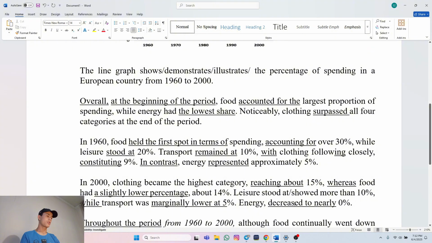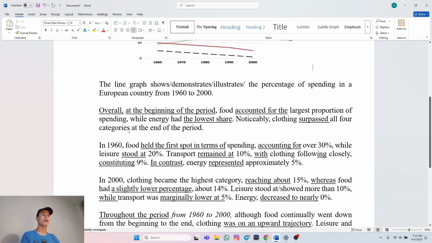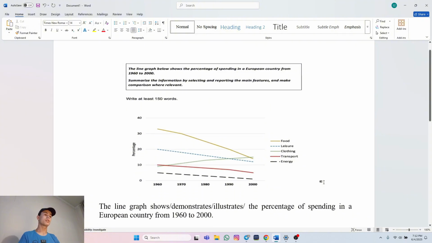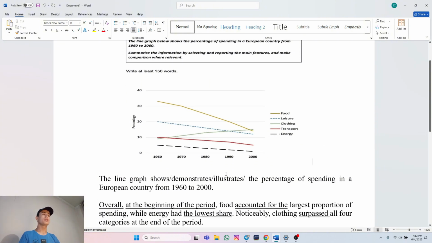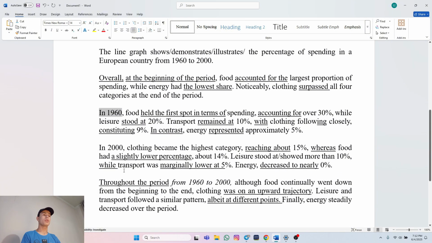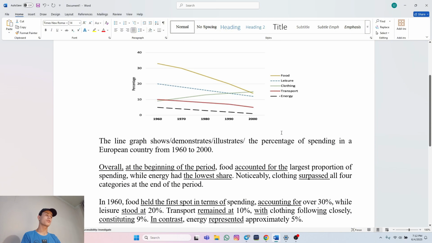And for my body paragraphs, my strategy is that after paraphrasing and writing the overall, I always describe the first year's information in the first body, and in the second body, I write the last year's information, just the records. For example, in 1960 and in 2000.